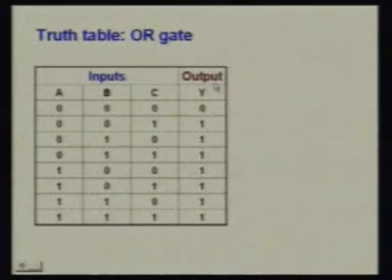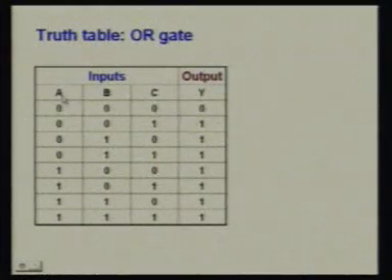So, the truth table of OR gate. Truth table means the logical relation between inputs and outputs. If we have to verify any gate, then we have to verify the truth table of that gate. So we can see these are the various possible inputs.